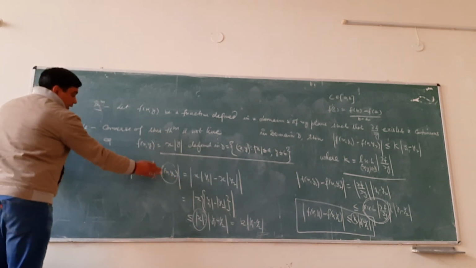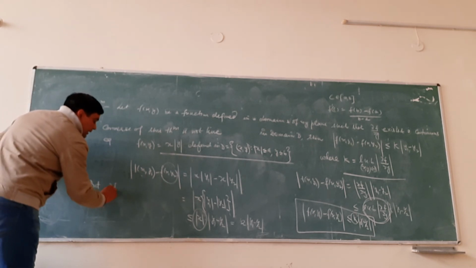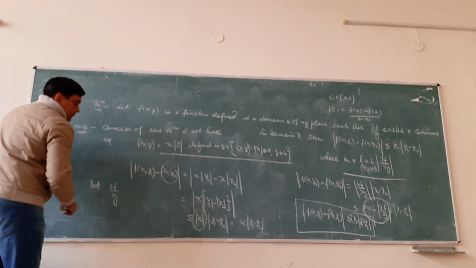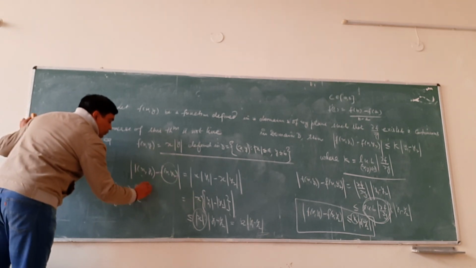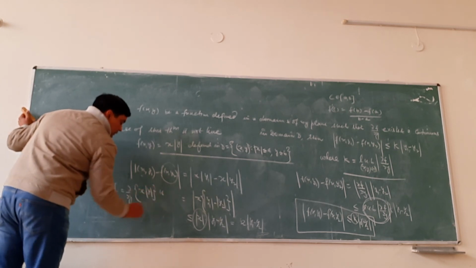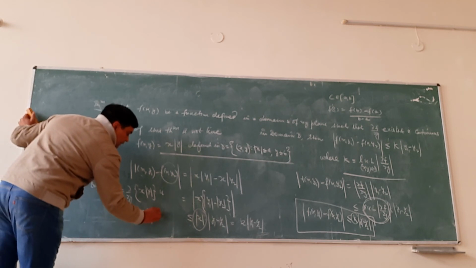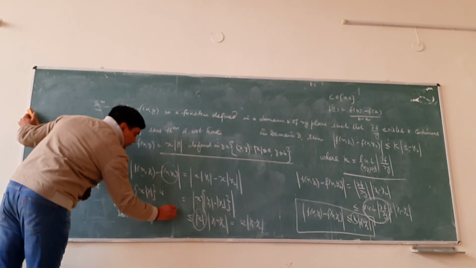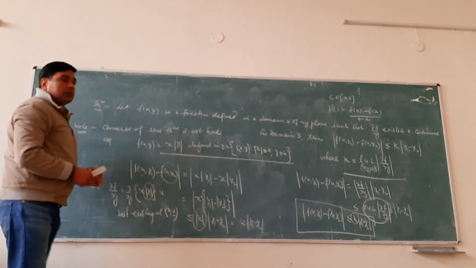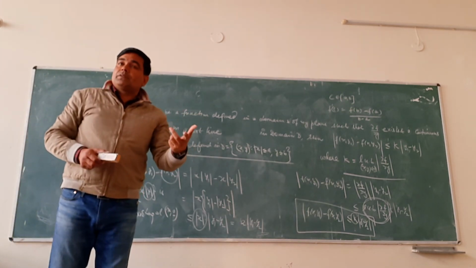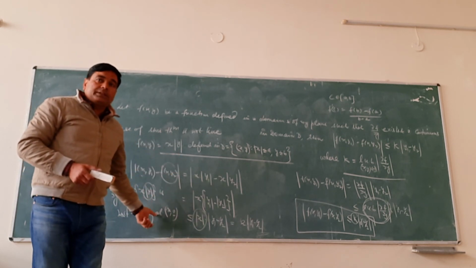Hence Lipschitz condition is satisfied by this function, but curly f by curly y, which is actually curly by curly y of x into mod y, does not exist at any point (x,0). Where the value of y is 0, this function will be continuous, but it will not be differentiable, and if it is not differentiable then curly f by curly y does not exist.